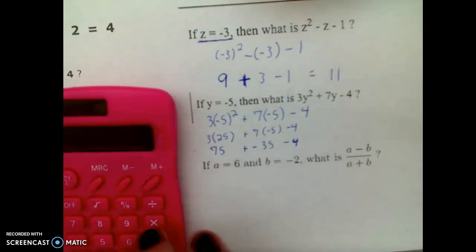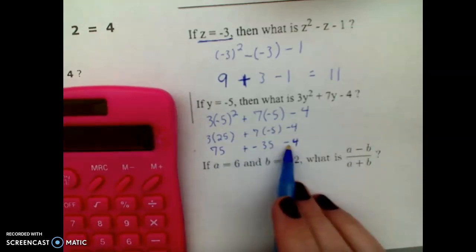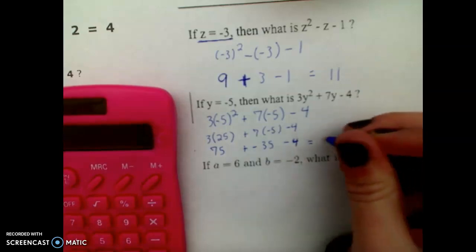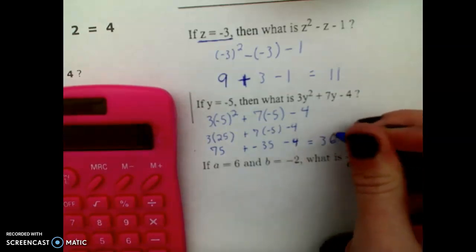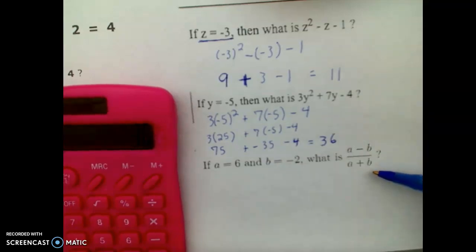Different signs subtract. So I get 40. Then I minus 4. And I end up with 36. Voila. All right, we have one more problem to try. You go ahead and put the substitutions in, and then we'll check your answer.